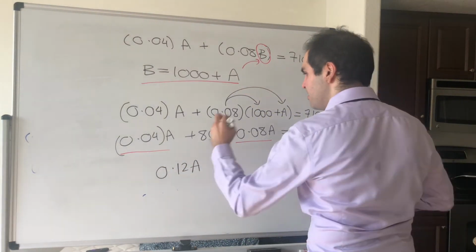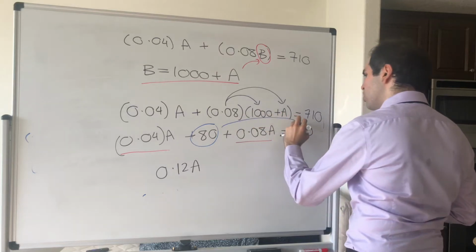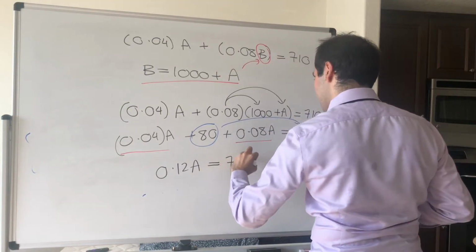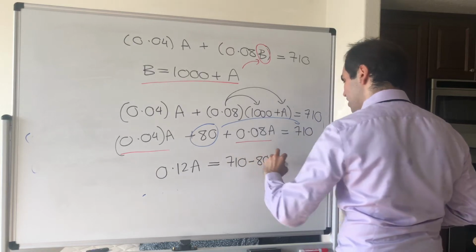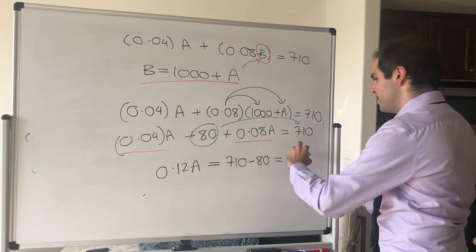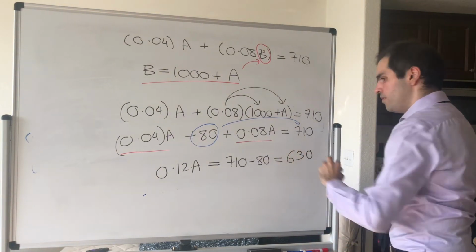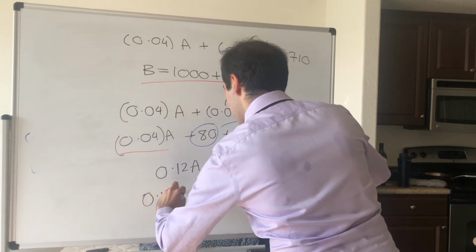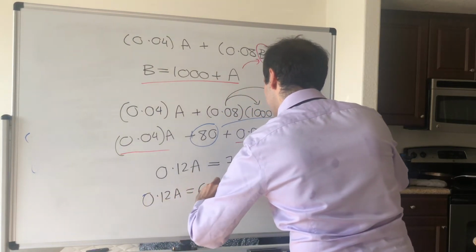And this 80, you can put it on the right-hand side to get 710 minus 80. And let me see, that's 700 minus 70, I believe 630. Okay. And so 0.12a, that's 630.